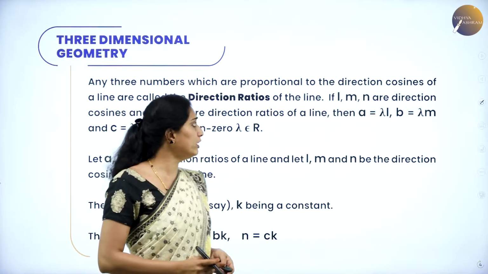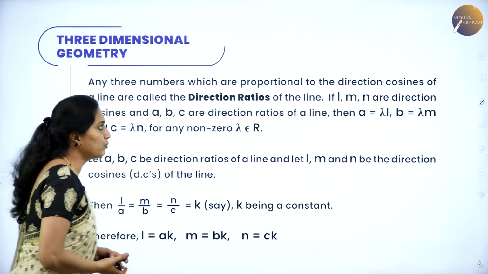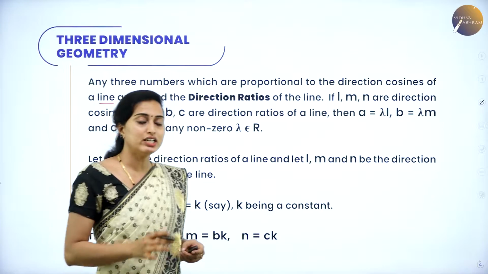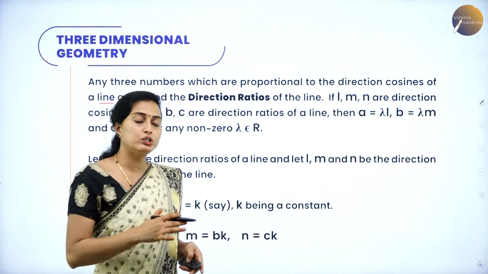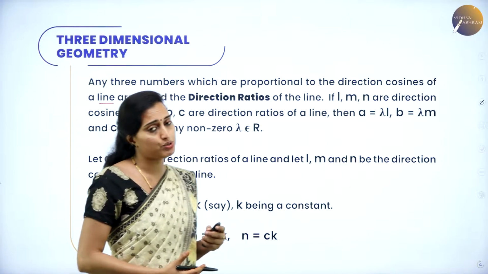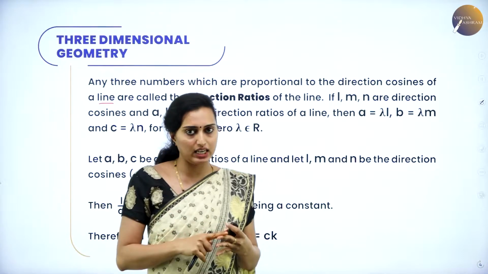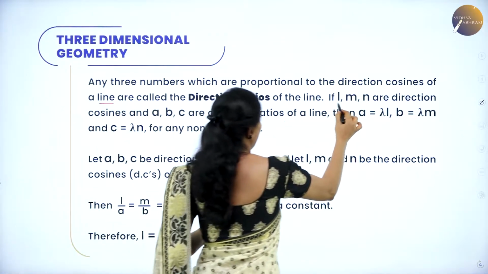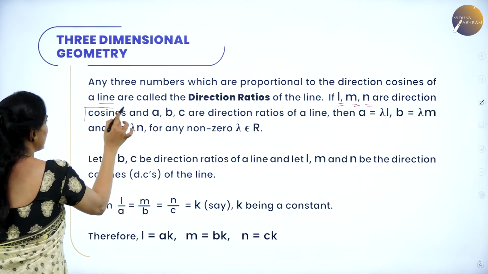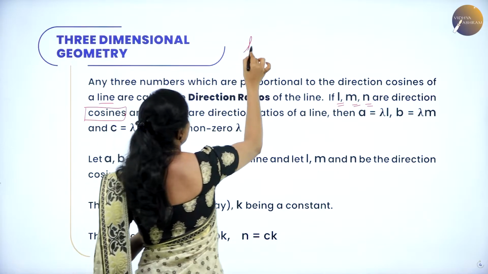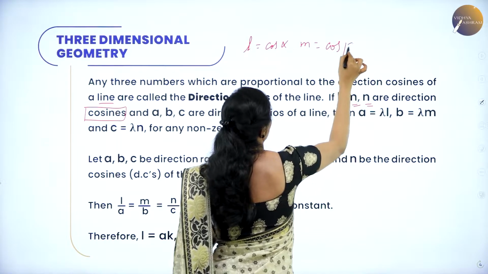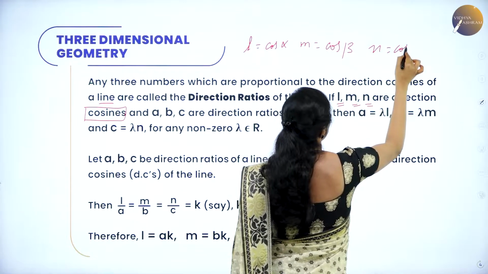Now, any 3 numbers which are proportional to the direction cosines of a line are called direction ratios. Here I am going to take the direction ratios as a, b, c. If l, m, n are the direction cosines, that means l is equal to cos alpha, m is equal to cos beta, and n is equal to cos gamma.